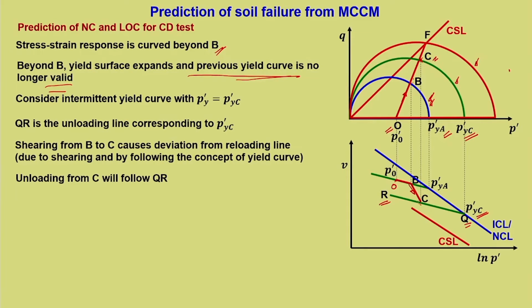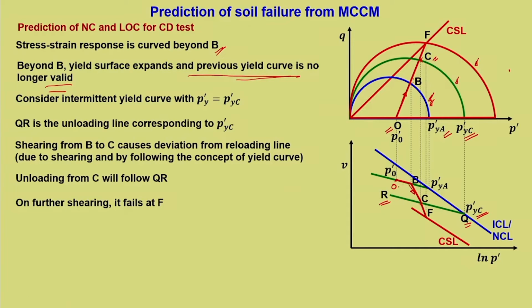Now, let us say that you are unloading from point C, that is you have sheared. So, what will happen? It will follow this particular unloading reloading line, because now it will become more like an elastic behavior if you are unloading from point C. But if you continue to shear, it will fail at F. That is the normal response that we know, and it is like this.